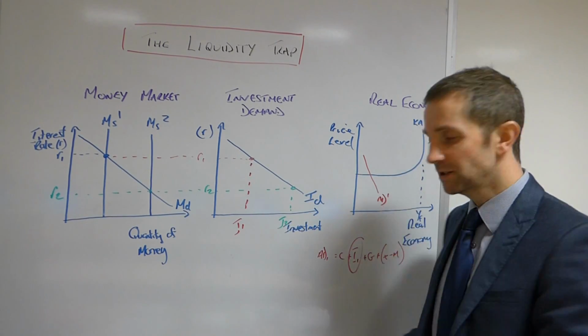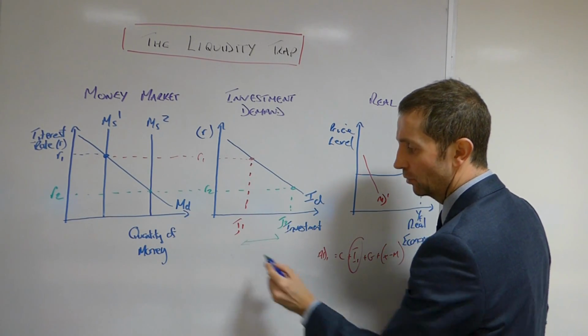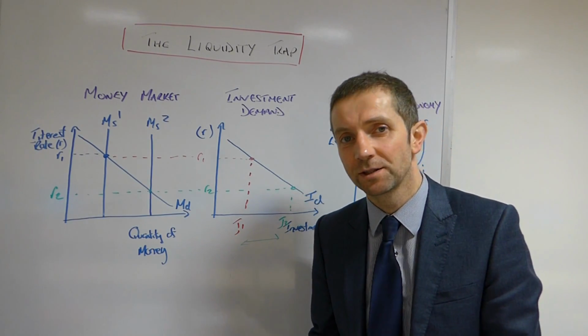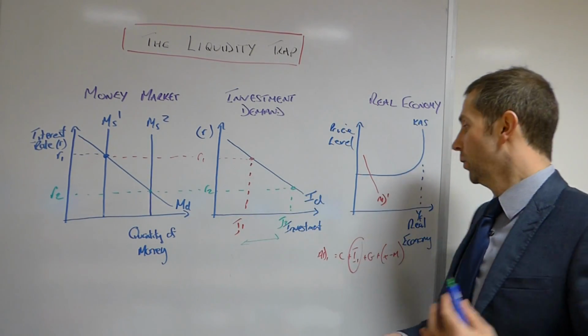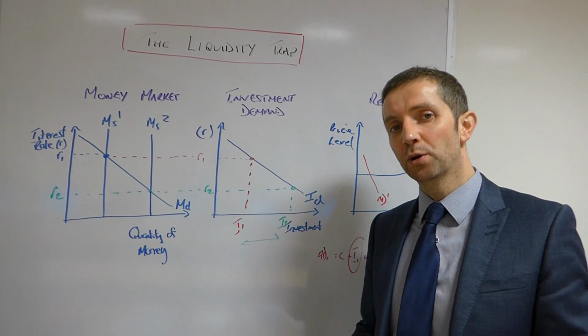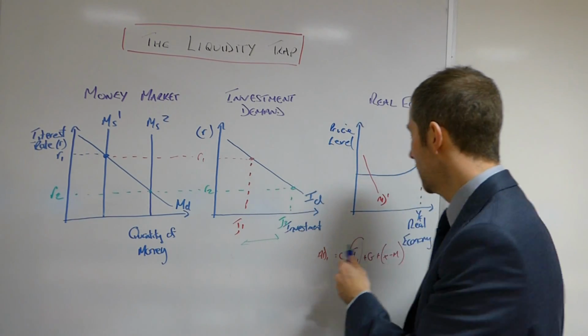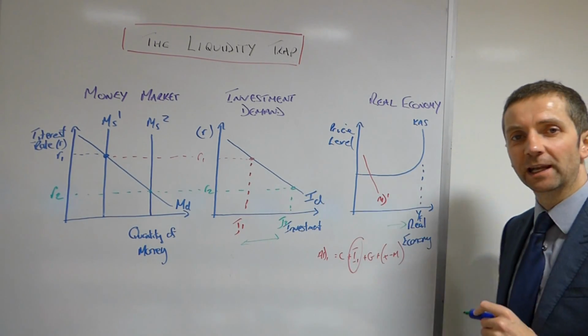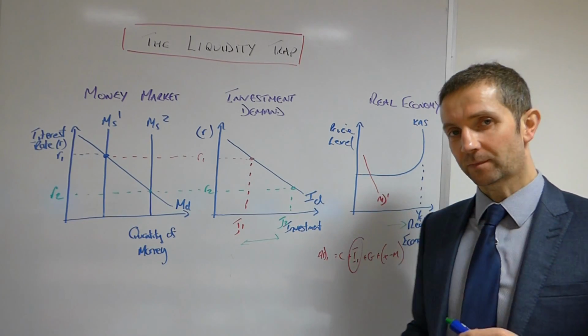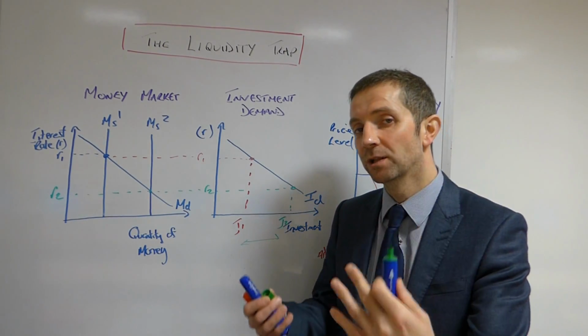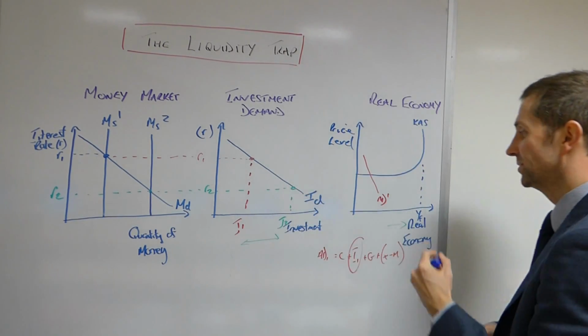I2. So here you can see we've got a very significant increase in the level of investment demand, and as a consequence we would anticipate that that would push our AD curve towards the full employment level of output, probably via the multiplier and the accelerator processes.